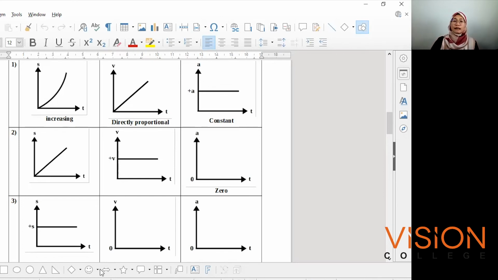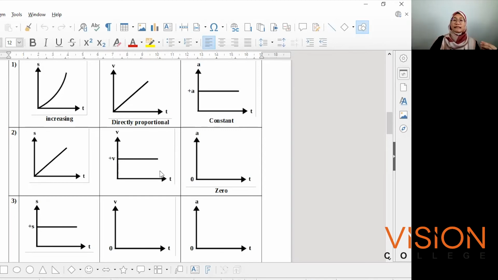So from here, we can see that there is a pattern. Okay, so when you want to figure out how your graph looks, or if the question asks how the above graph will look if it's, for example, velocity against time, you can predict it by having these 9 graphs.